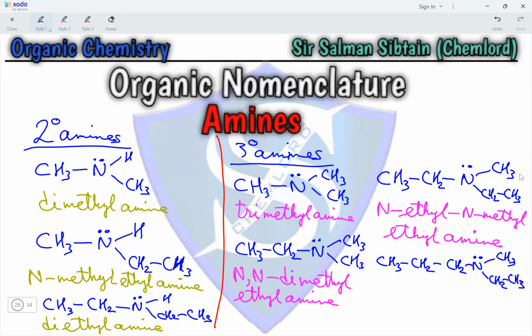Here the longest carbon chain becomes the parent, and the name of this compound would become N-ethyl-N-methyl, giving preference to the alphabetical order. And then the parent compound name with the longest carbon chain would be propylamine. And this is how you name primary, secondary, and tertiary amines.